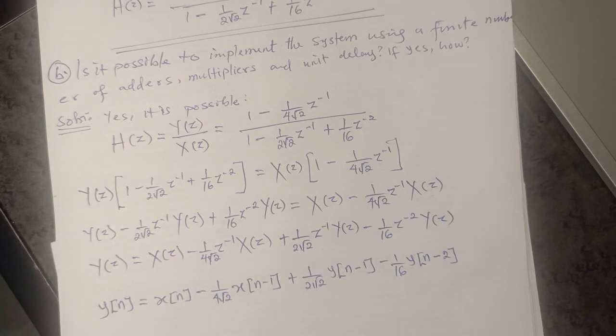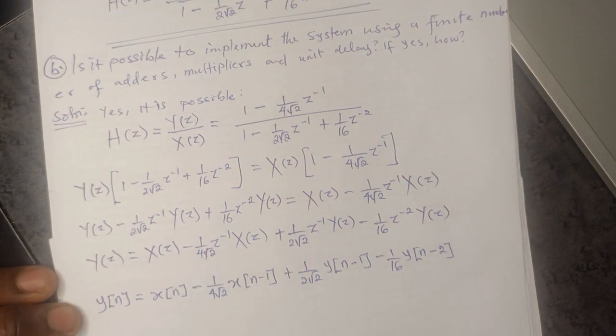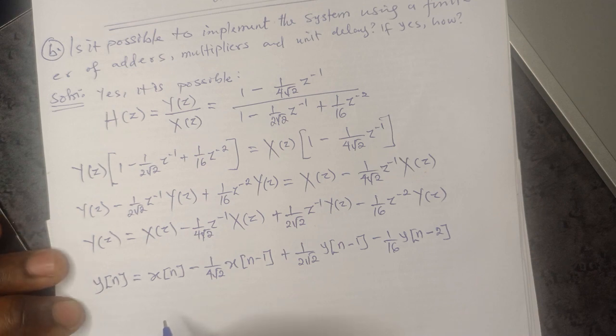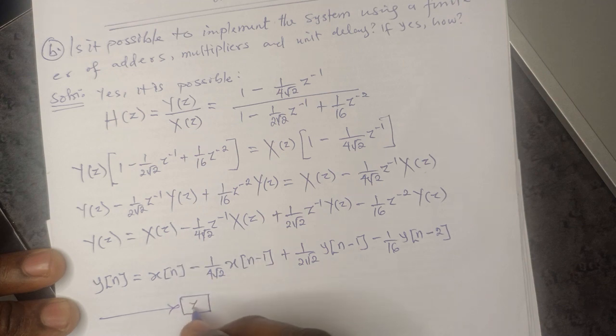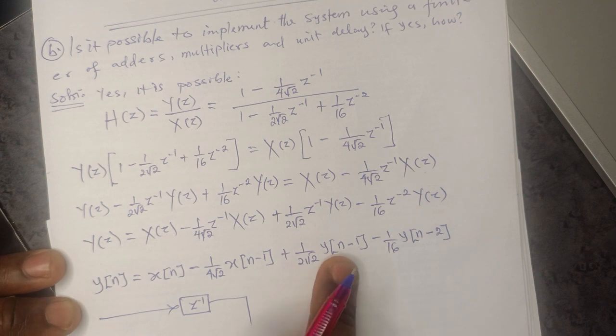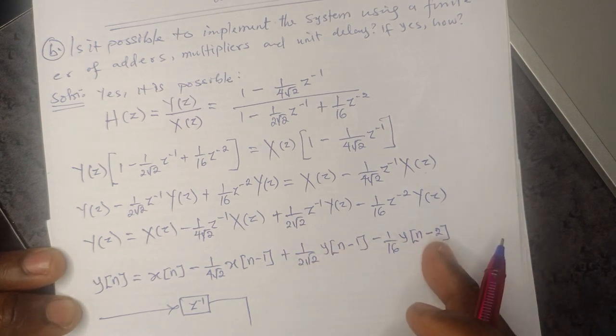So at this point we can now draw the filter. So the filter has one delay, which is this one. After that delay, this y has two delays.